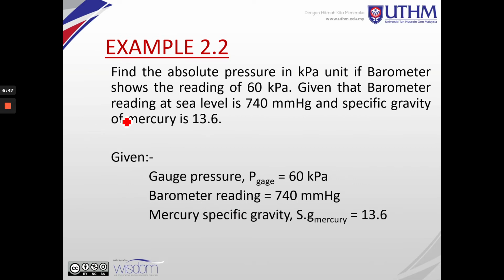Example 2.2. Find the absolute pressure in kilopascal if a gauge shows a reading of 60 kilopascal, given the barometer reading at sea level is 740 mmHg and the specific gravity of mercury is 13.6. The gauge pressure is 60 kilopascal, the barometer reading is 740 mmHg, and the specific gravity of mercury is 13.6.